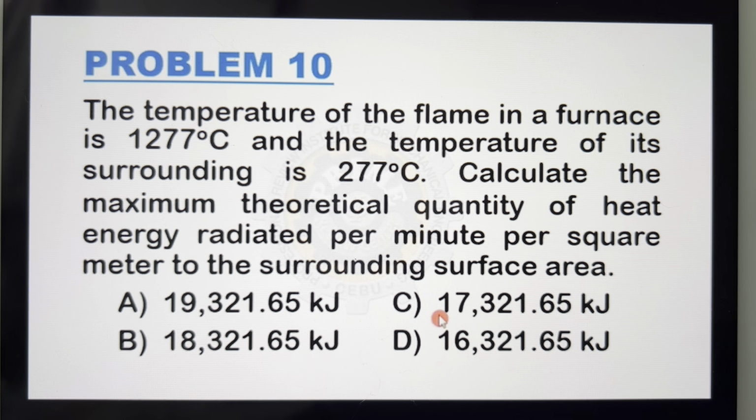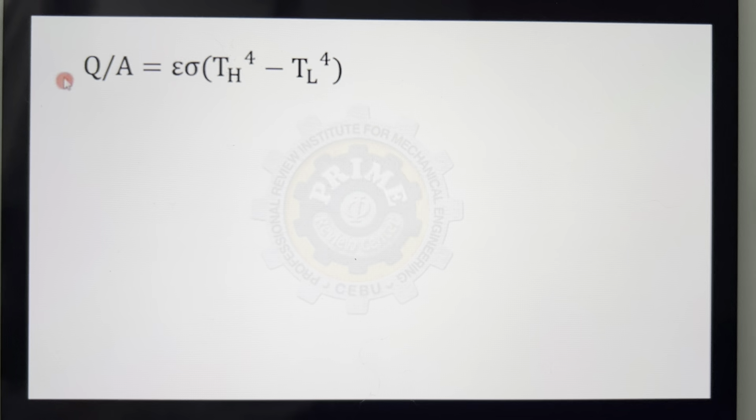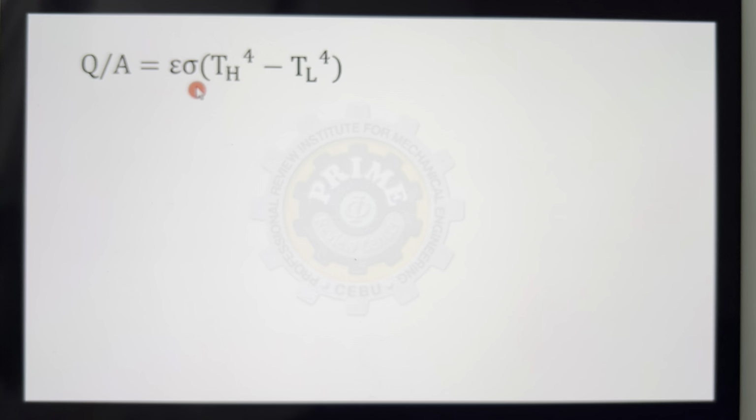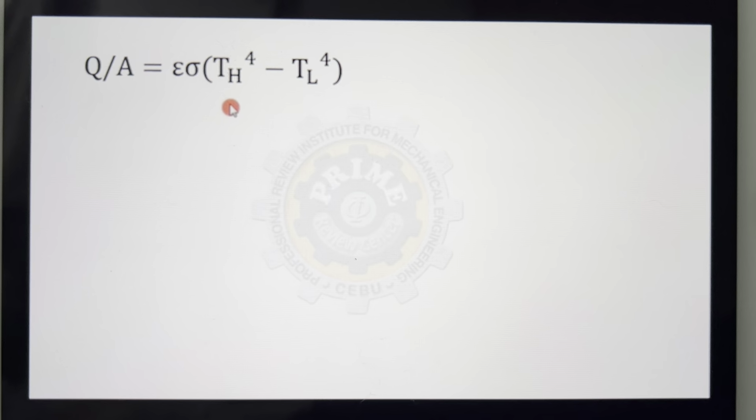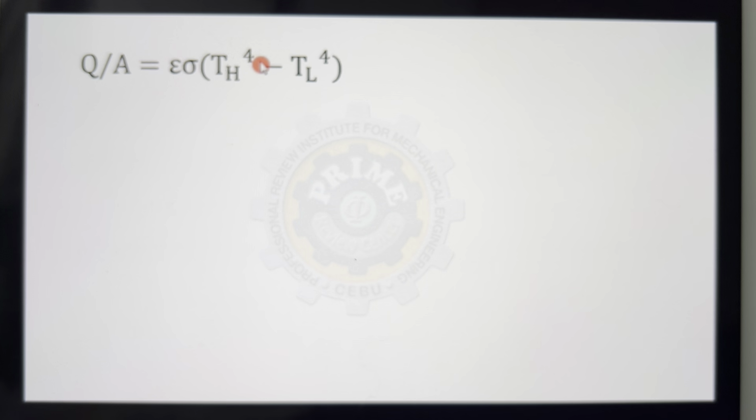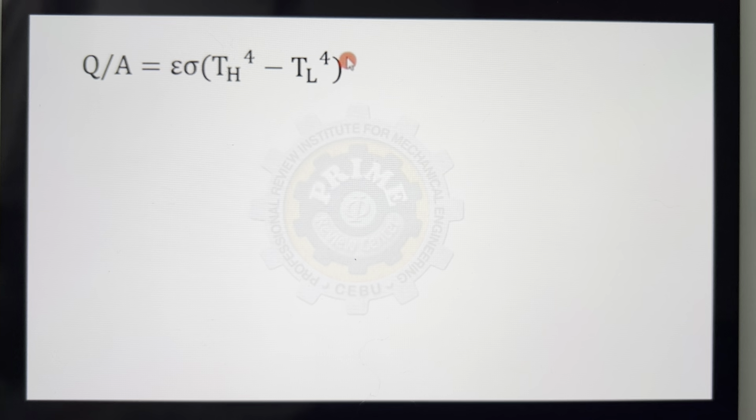So heat through radiation. So we have the formula Q over A is equal to the emissivity, then times the sigma, or this is the Stefan-Boltzmann constant, then times the absolute temperature, the higher one, raised to the power of 4, then minus the absolute minimum temperature raised to the power of 4.